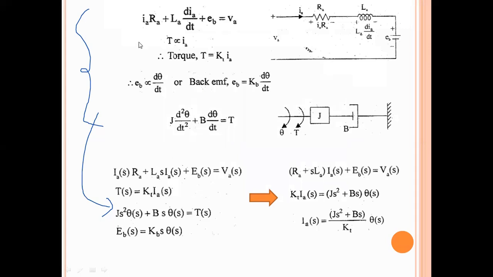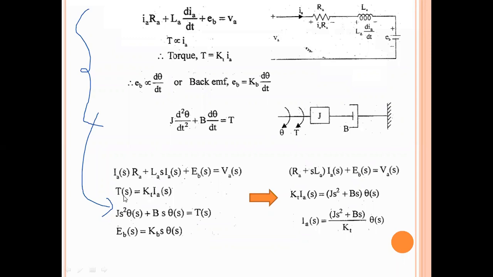You can see the first equation converted into the Laplace domain. So IA of S into RA plus LA into, this is d by dt, first order differentiation, that means we will get S power 1. So S into IA of S plus EB of S equal to VA of S. This is our first equation when we convert into a Laplace transform.